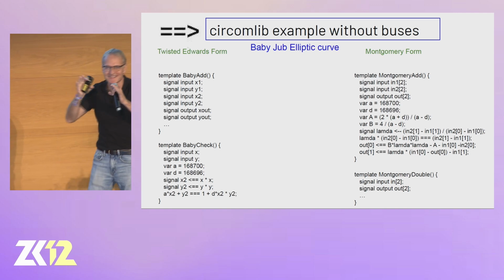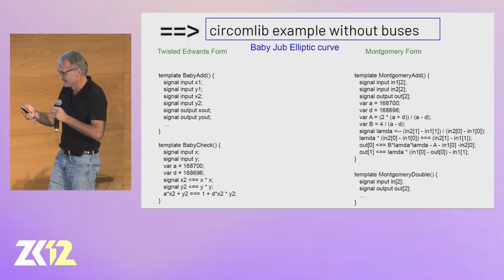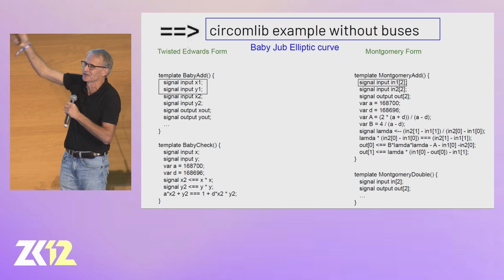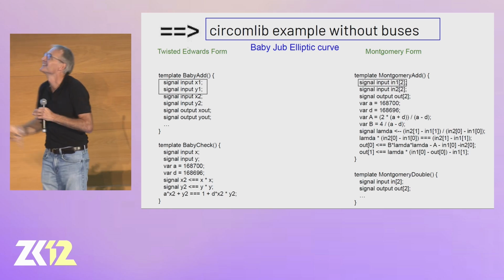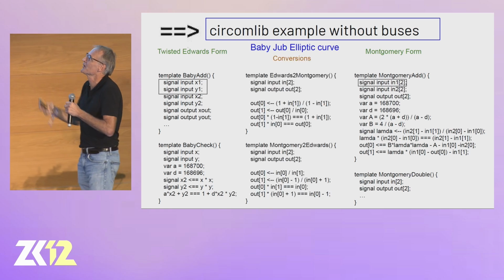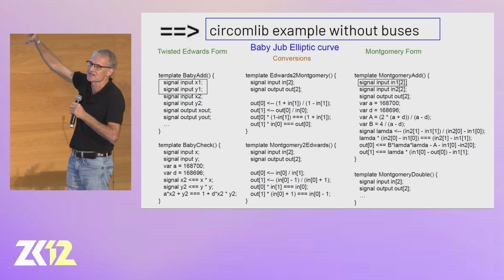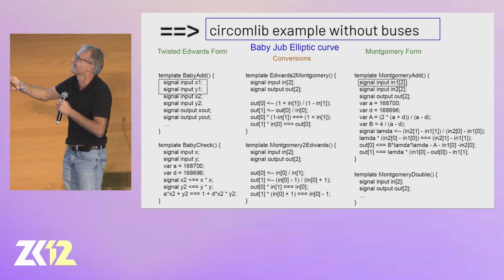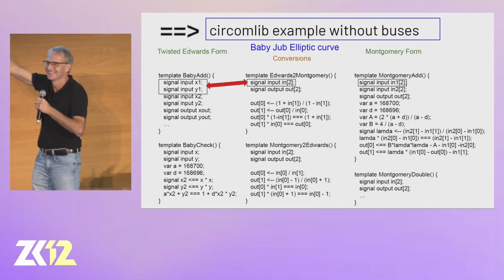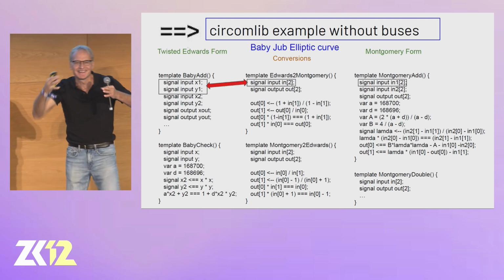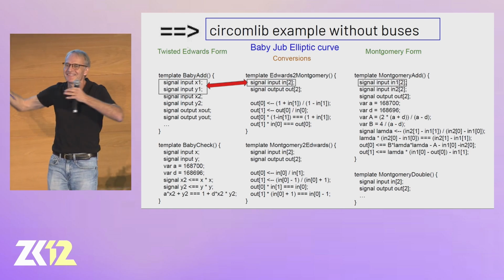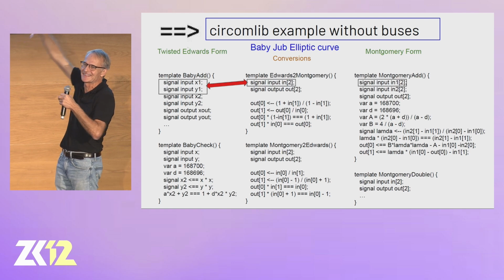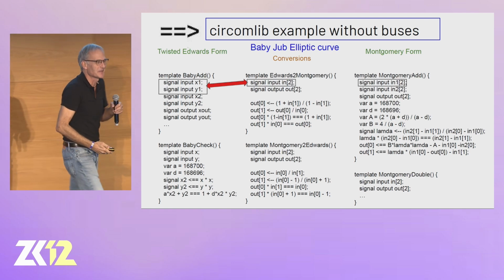Okay, so that is how the creator wrote it, and you have this difference. But even more, if you look at the conversion from Edwards to Montgomery and back, you see even this kind of inconsistency: you have to express the point with 2 signals here, and here an array of dimension 2.